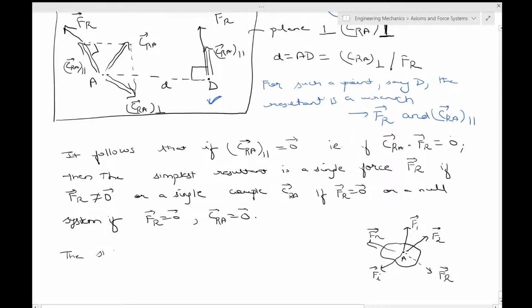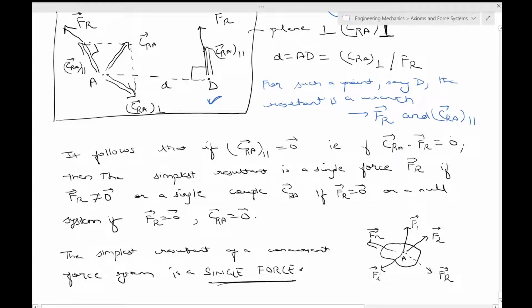The simplest resultant of a concurrent force system is a single force. So these are all derivatives of what we have just done, okay?